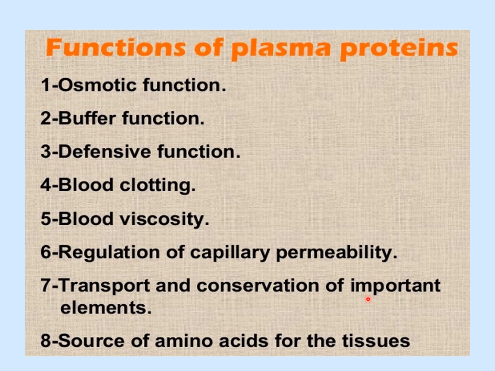First of all, about proteins, because proteins are very important molecules, and proteins can realize blood functions. Proteins have such functions as osmotic function, buffer function, blood clotting, blood viscosity, and proteins regulate capillary permeability.